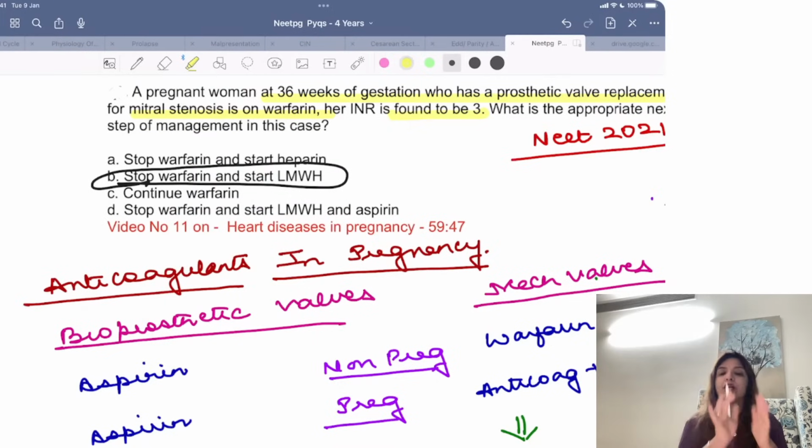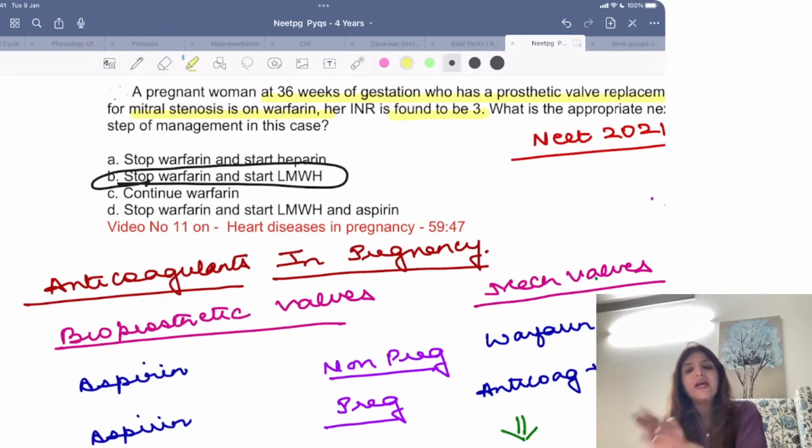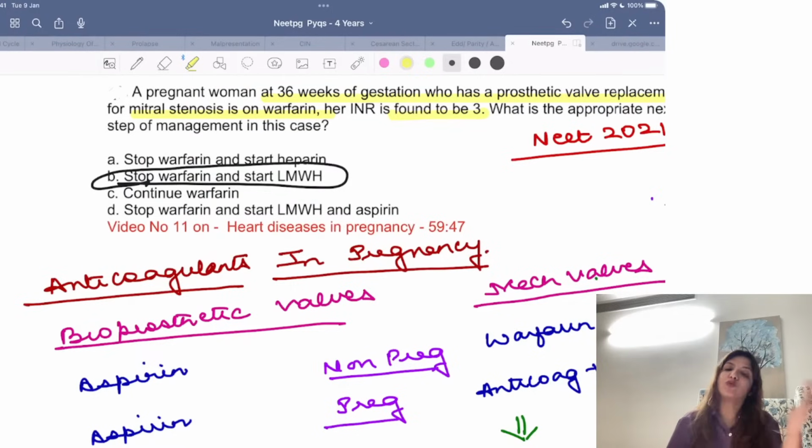In all patients who have valve replacement, from day 1 of pregnancy, you have to give them aspirin. In mechanical valve, you have to give anticoagulant and aspirin. In bioprosthetic valve, you have to give only aspirin, right? Now here they are saying that till 36 weeks I was giving her only warfarin, and now all of a sudden at 36 weeks I am putting her on heparin and aspirin. No.